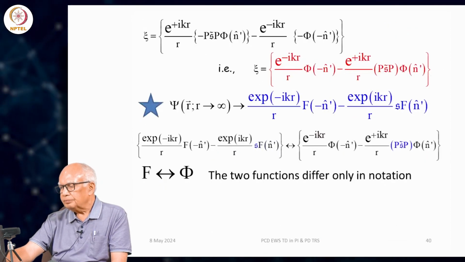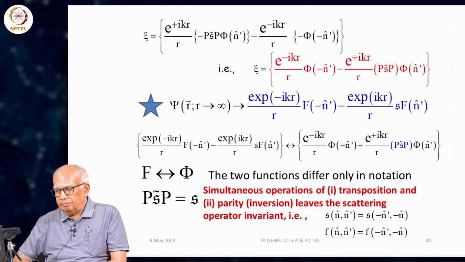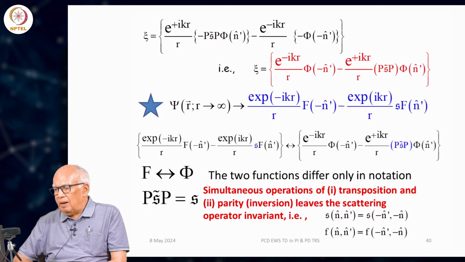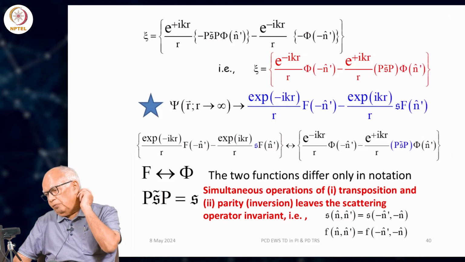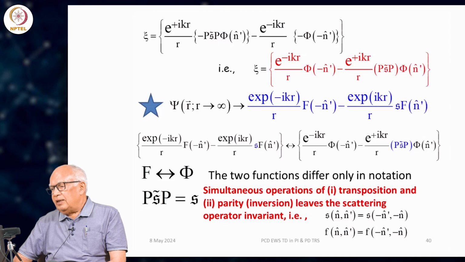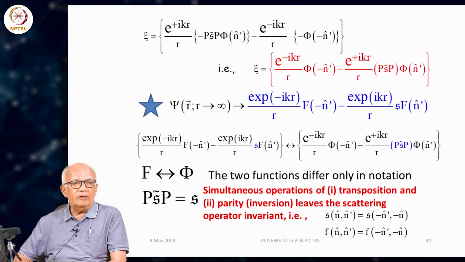Here, look at the very last equation at the bottom. F is the scattering amplitude, and the scattering amplitude for angles n comma n prime is exactly equal to the scattering amplitude for minus n prime, minus n.